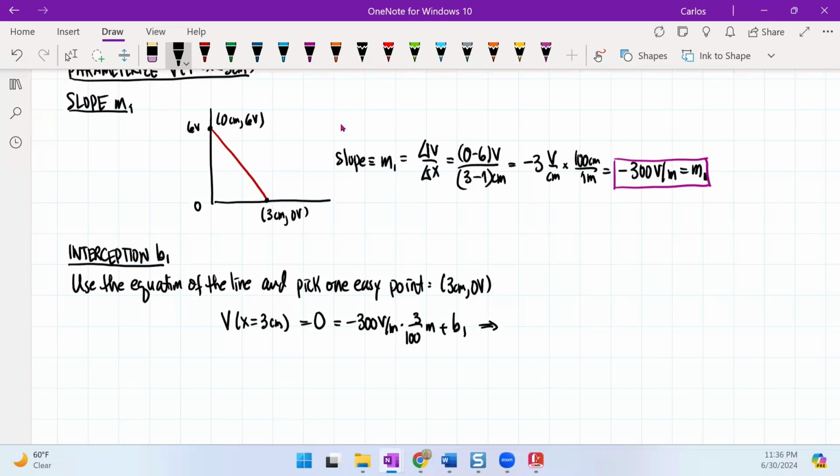We could see here that if I solve for B1, I'm going to get a value of plus 9 volts. So now I know my full equation.